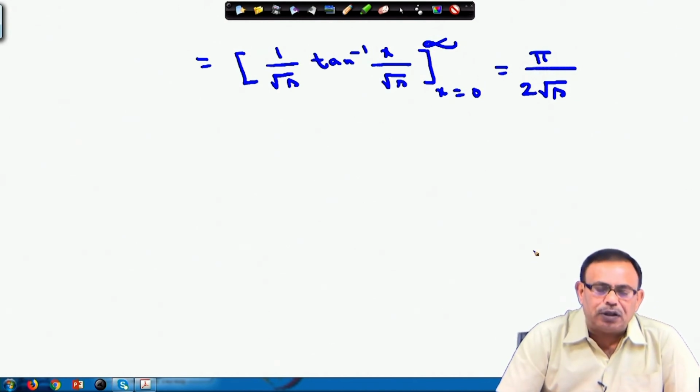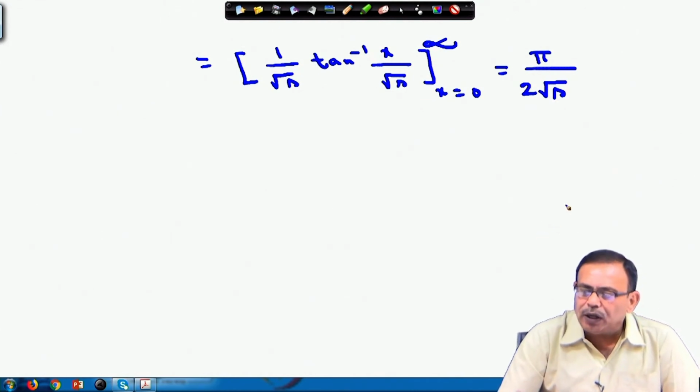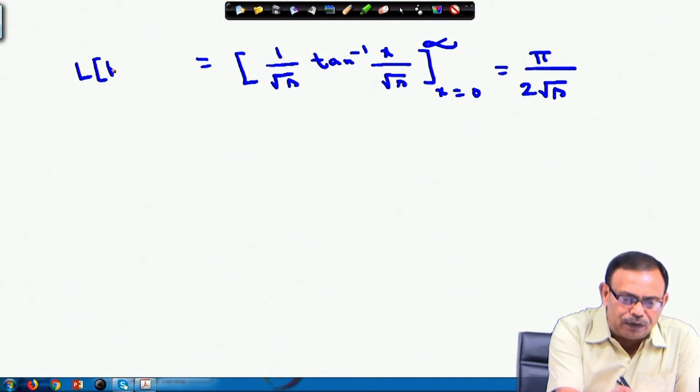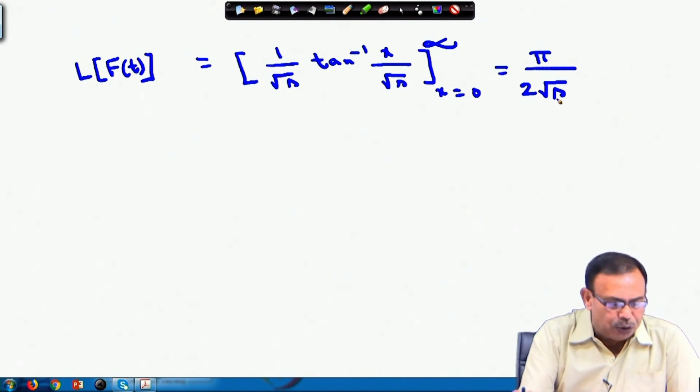So effectively, the Laplace transform of f(t) equals pi by 2 root s.